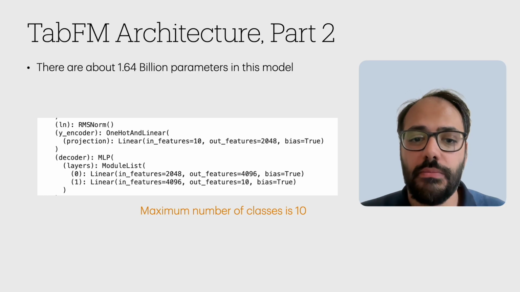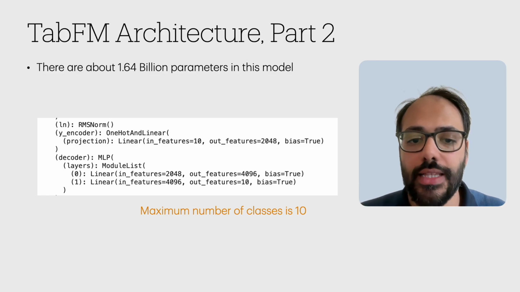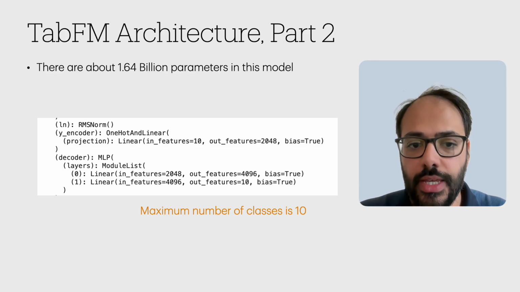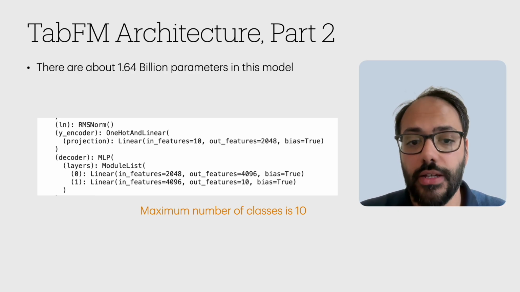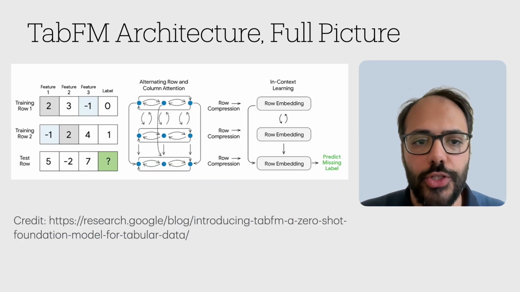So that's one major limitation at this point. You can only solve classification problems with up to 10 classes, and that's because this has been hard encoded into this code.